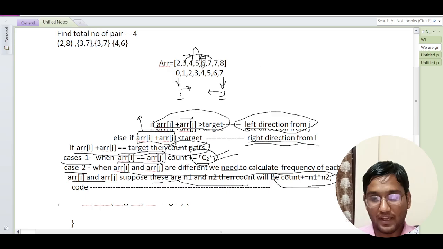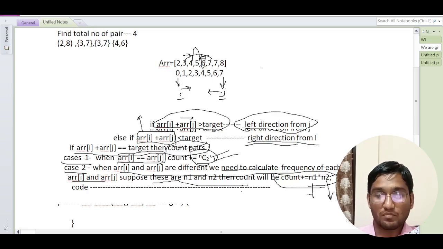Why will this count be n1 and n2 here? Because n1 is the frequency of array of i, n2 is the frequency of array of j, and if we want array of i and array of j in terms of a pair, then we need to think about the number of pairs that we can achieve by using both simultaneously.